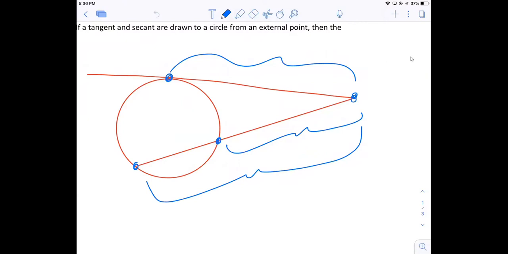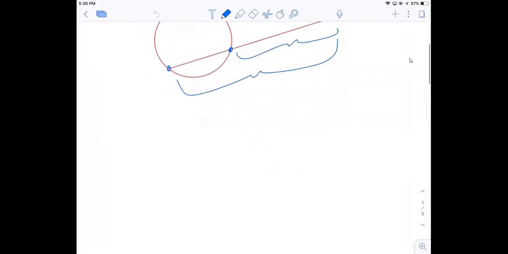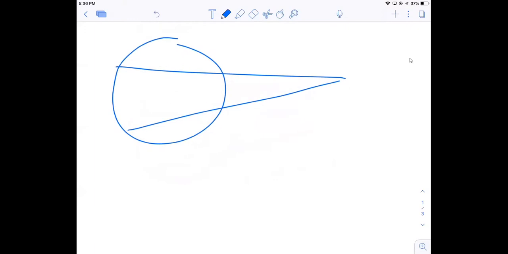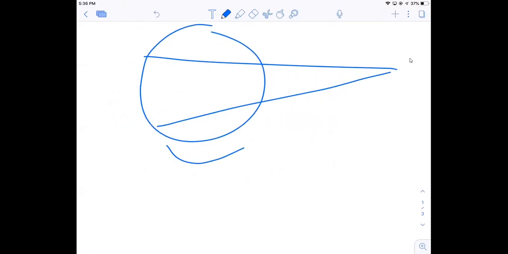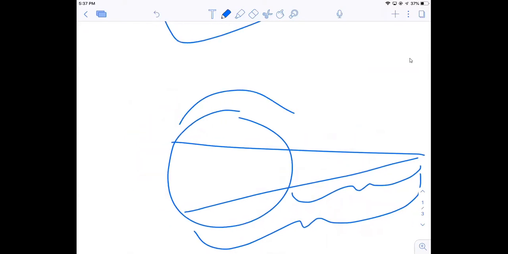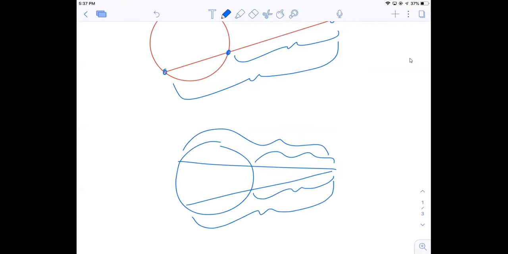So this should be looking really similar to our theorem involving two secants, right? That was a while ago, but we said that the entire length times the external portion is equal to this entire length times that secant's external portion. So we're doing the same thing.